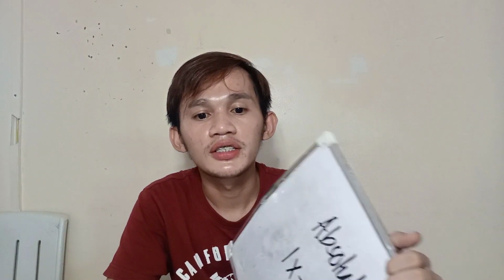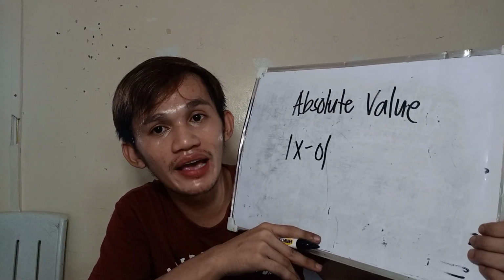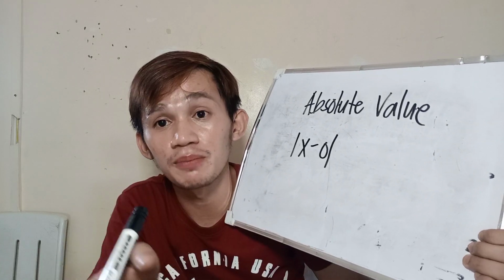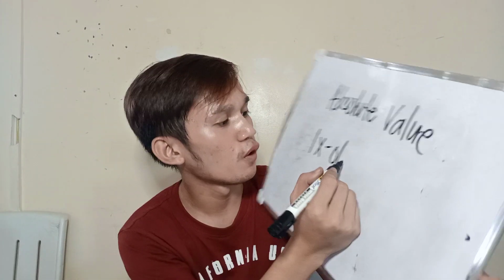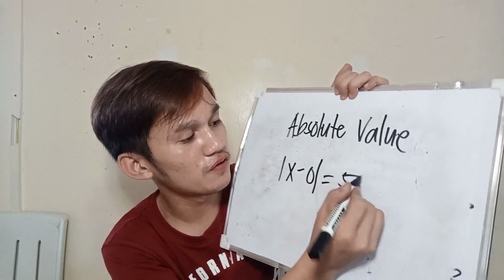So the distance of a number from 0 can also be written as the absolute value of x minus 0, wherein 0 is the reference point. For example, we have |x - 0| = 5.